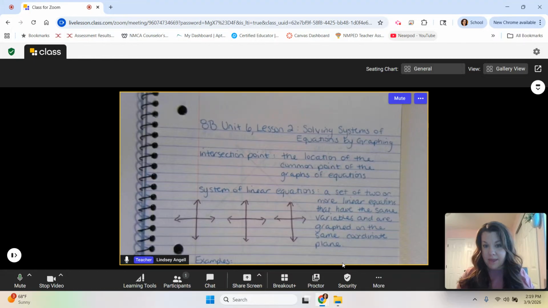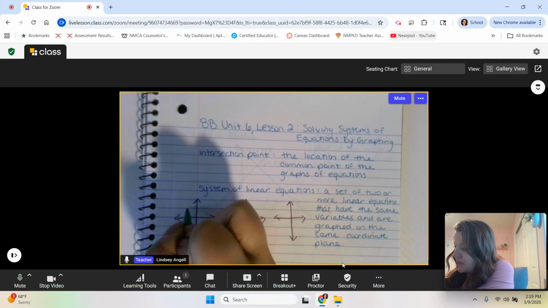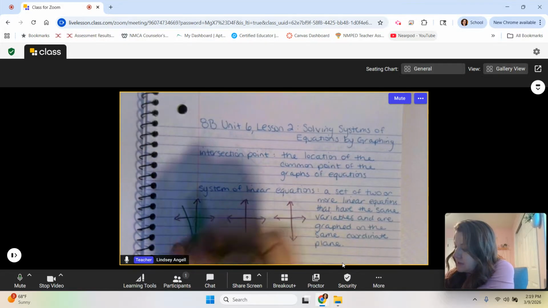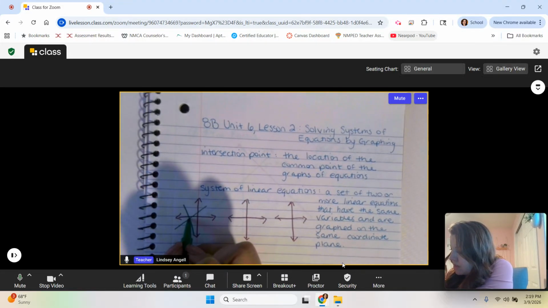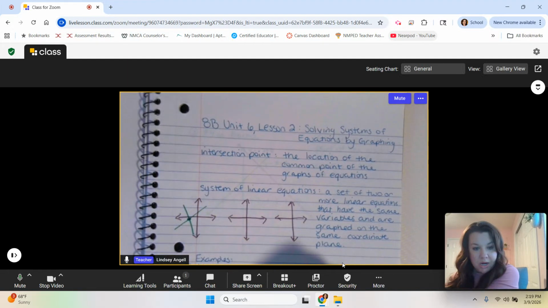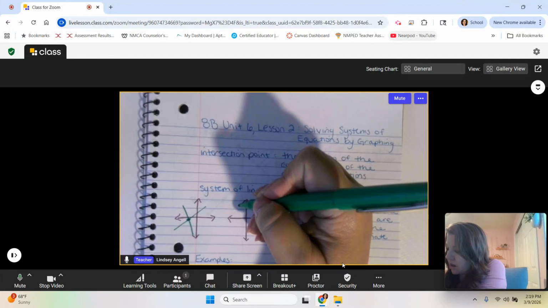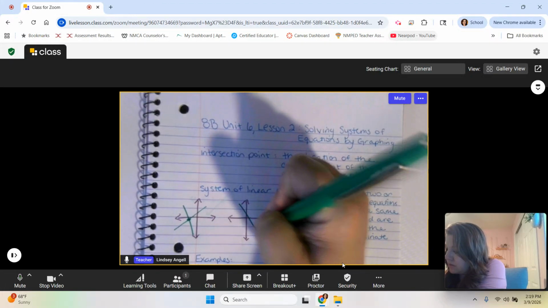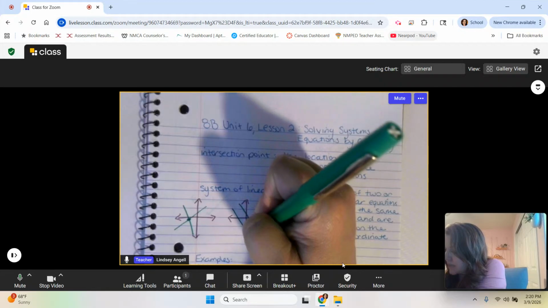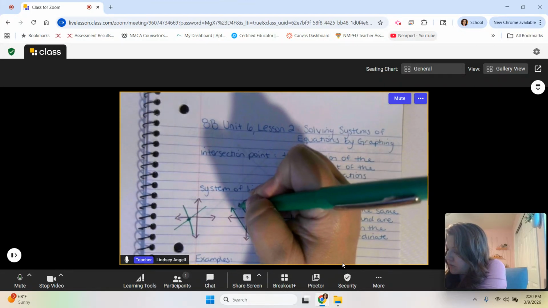So if there is one solution, then the graphs will look something like this, where they cross at one particular point. If there is no solution, that means the lines are parallel. They're going in the exact same direction.